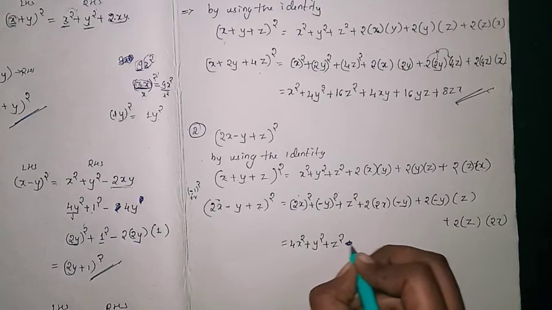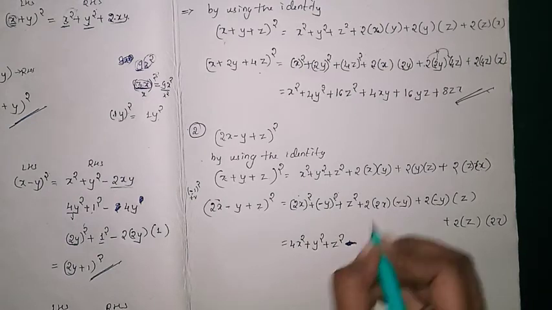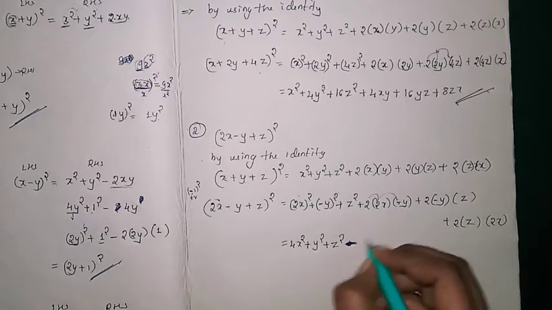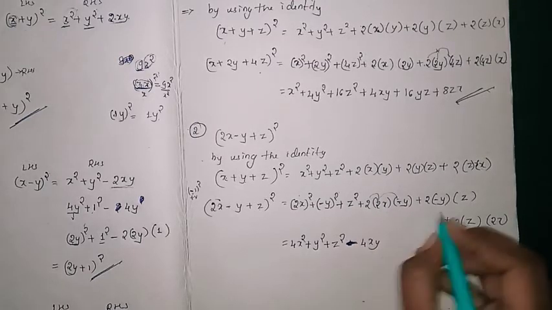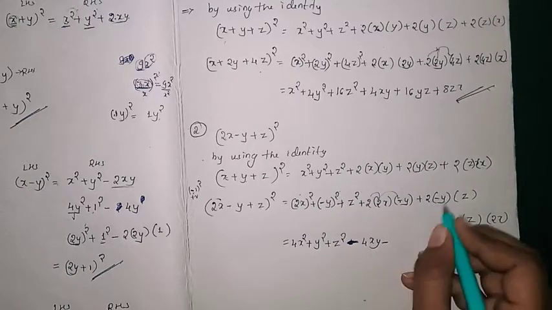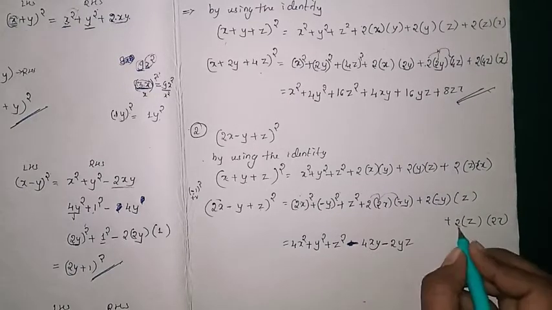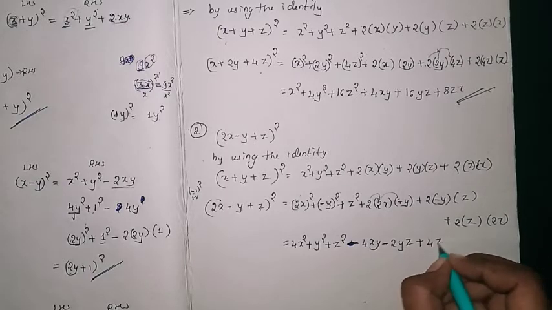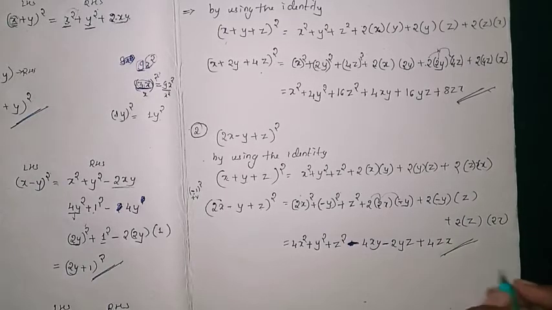So the sign will be minus. 2 into 2 is 4 and 4 with a sign that is minus 4xy. So here also minus is there, plus into minus, that is minus 2 into yz. So here it is plus, so no need to worry, 2 2s are 4 zx. So this is our required answer.